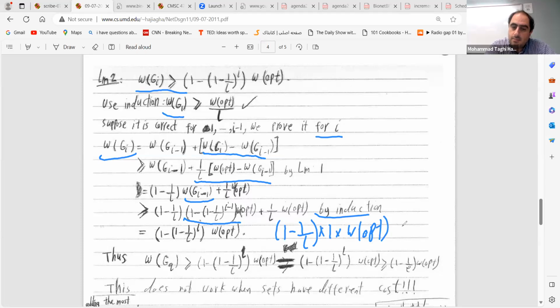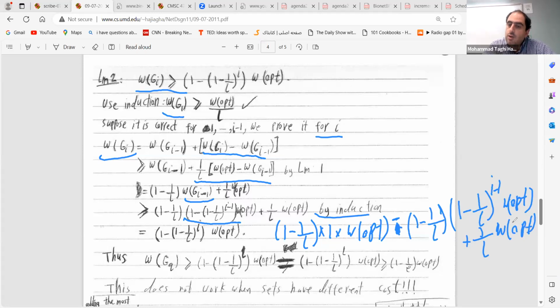And then plus 1 minus 1 over L. Actually, it would be minus here. Again, I have 1 minus 1 over L to the I minus 1, W of opt. And finally, I have 1 over L, W of opt.